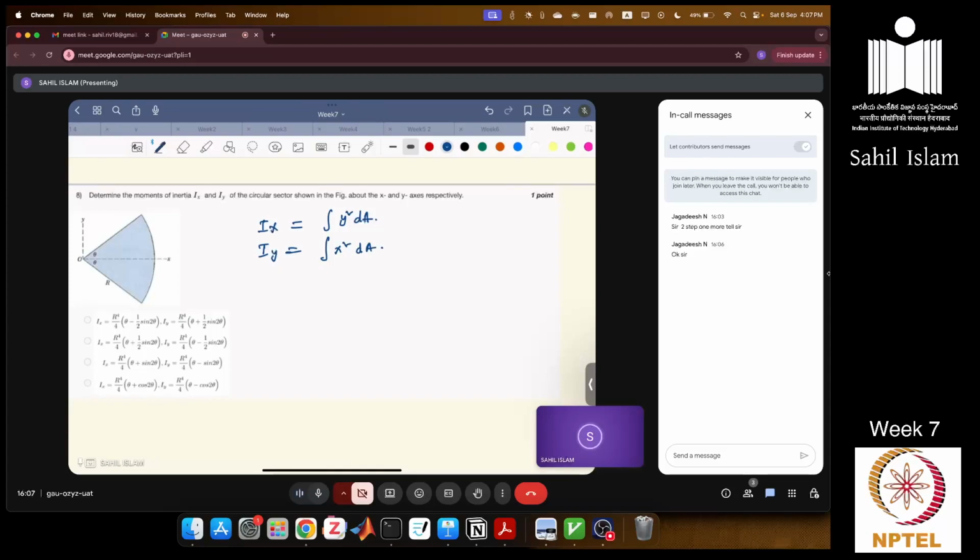For a circle we already have seen that the area element in polar coordinates is r dr d phi.